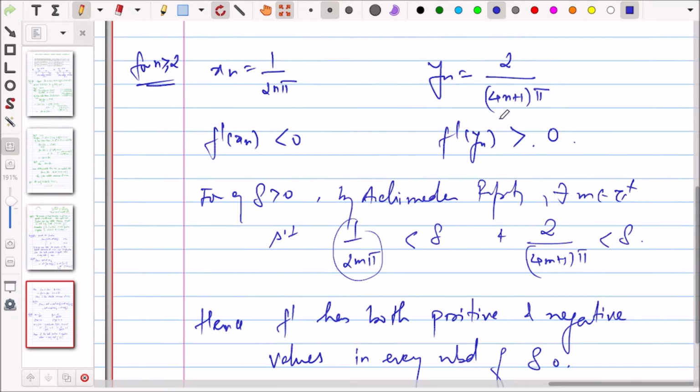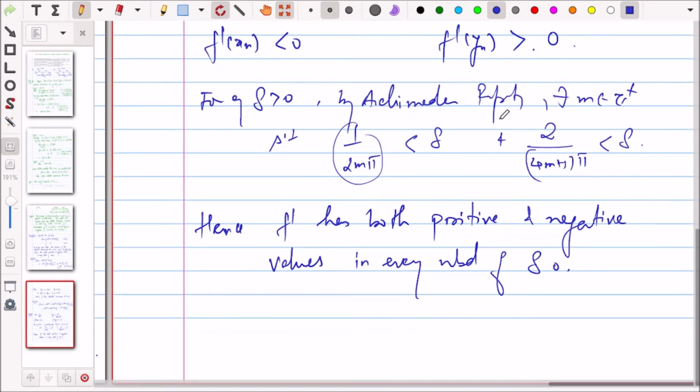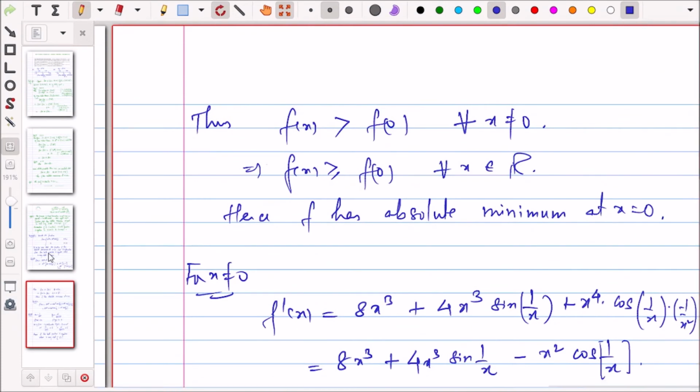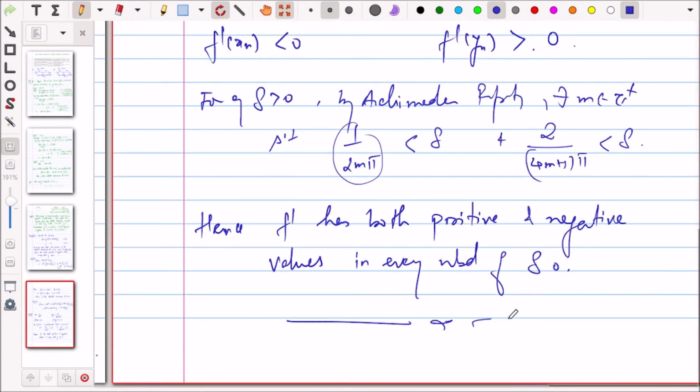It is very easy to verify this thing. Okay, is it fine everyone now? So the converse of the first derivative test need not be true. Okay, is it fine? Is it clear everyone?